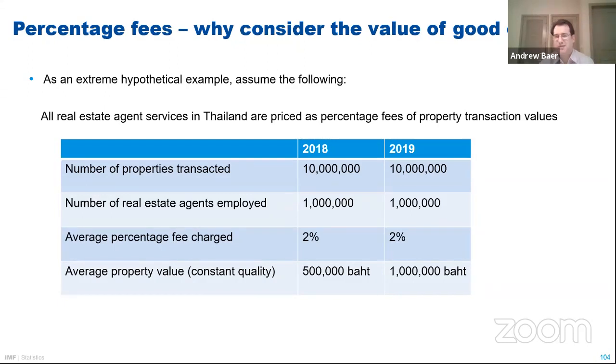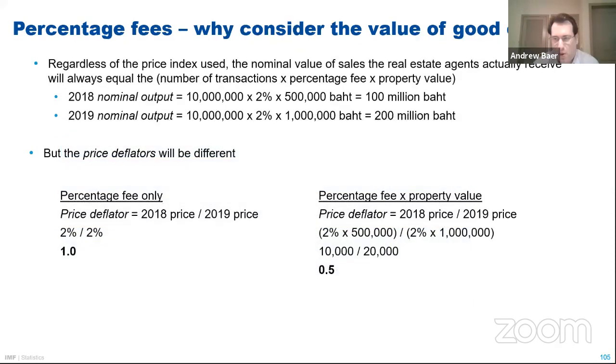Just an extreme example to show the concept. So the average home was worth 500,000 baht in 2018, and then in 2019, suddenly it's worth $1 million. So let's think about what would happen in the national accounts in this situation.